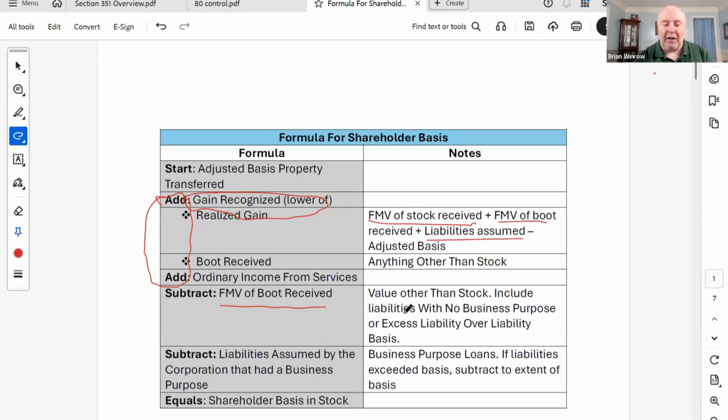Now, with this part, this is important to know. It includes liabilities with no business purpose, okay, or excess liabilities over the liability basis. Okay, and we will work through a couple problems that show you how we deal with these liabilities.